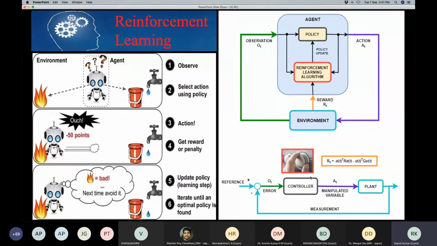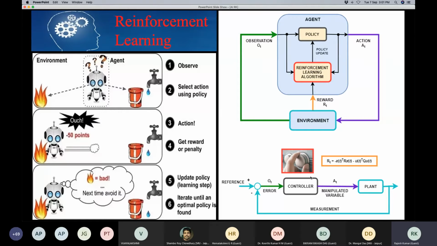Fire is not good for it, so the environment gives a penalty, a negative reward of -50. That means this is bad, I'll avoid this side next time. This is how it learns.